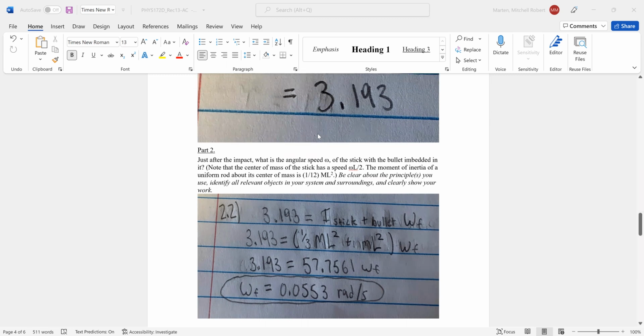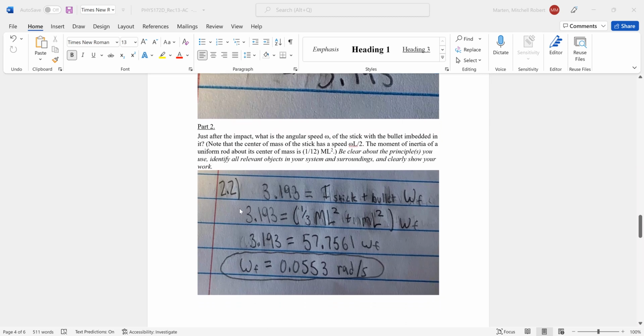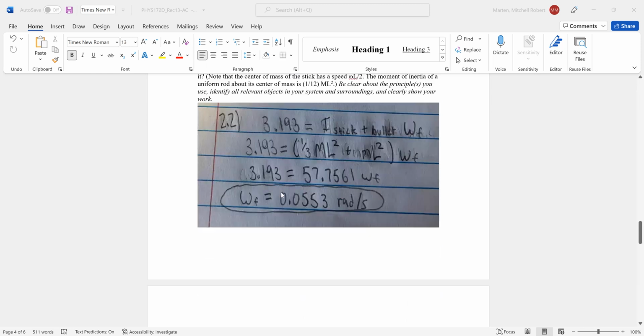And then we can set that equal to this momentum because we know that there's a conservation of momentum, I guess is what I'm trying to get at. So if you solve for the moment of inertia of the stick, you get 1/3 big M L squared plus the little m L squared, which is for the bullet at the end of the stick. And then if you plug in all the variables, divide everything out, you find that omega final is equal to 0.0553 radians per second. Did you guys get that?